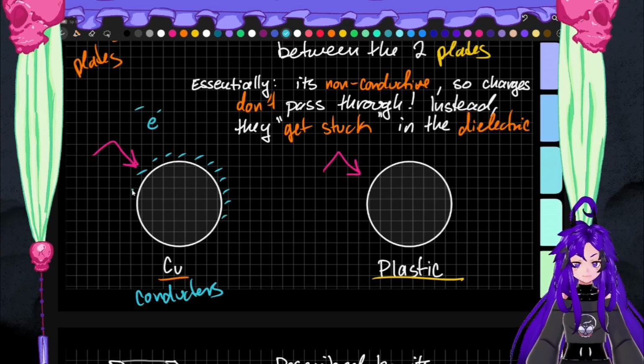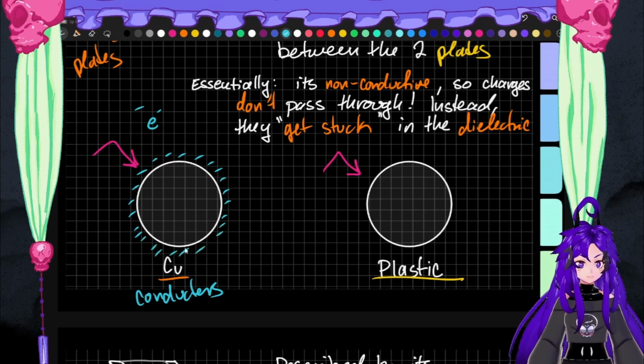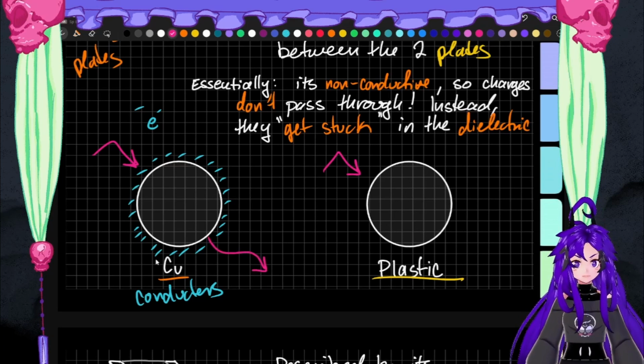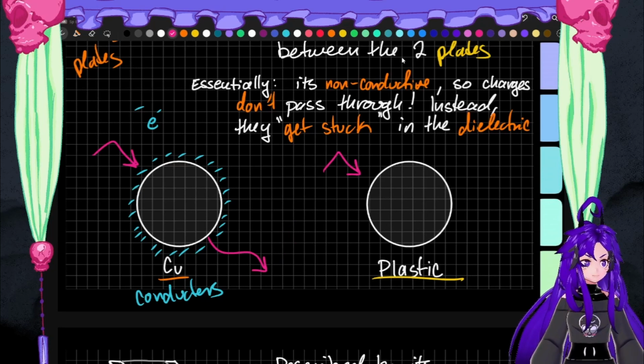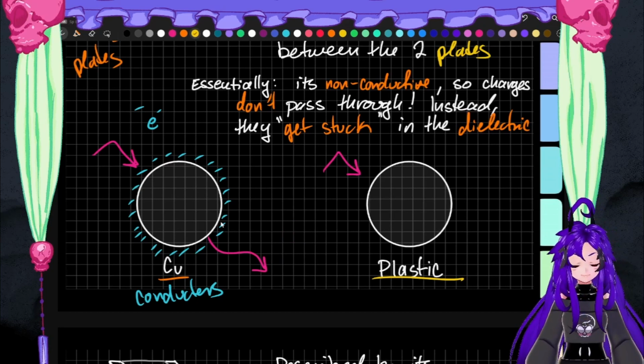So those charges hang out around the outside. They are then easily transferable to something else. If you touch this charged orb of copper, you're gonna get zapped. Because it holds that charge, or conducts it, around the outside.